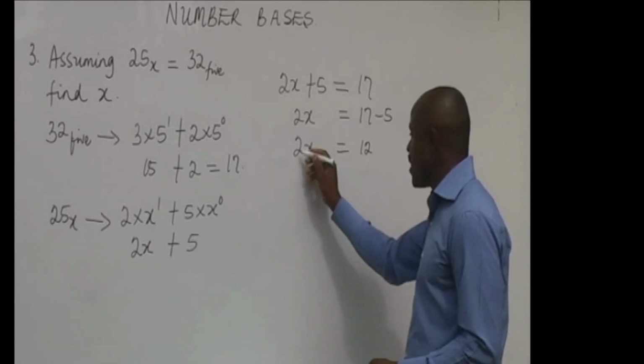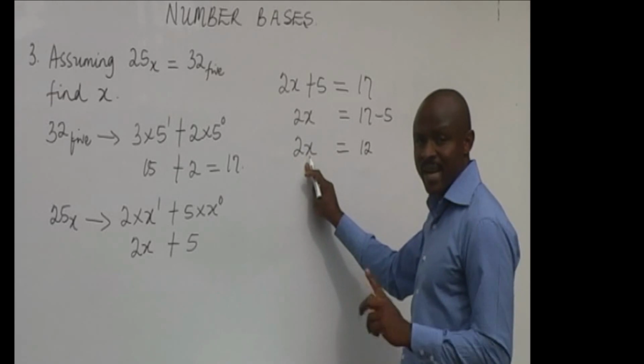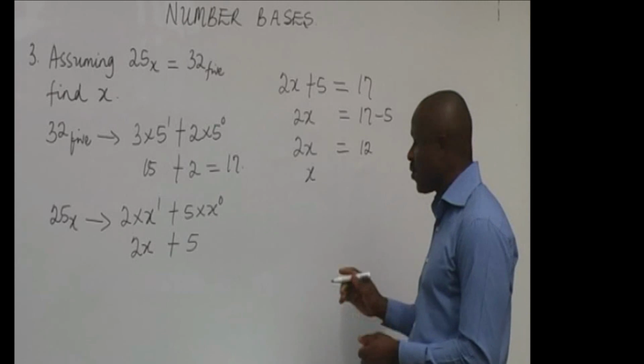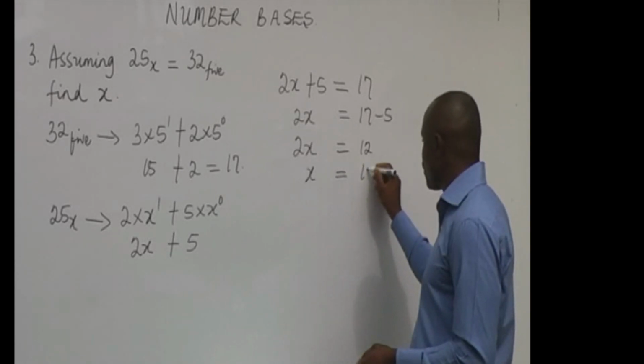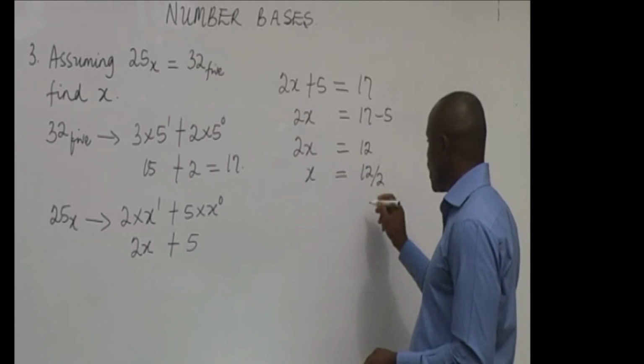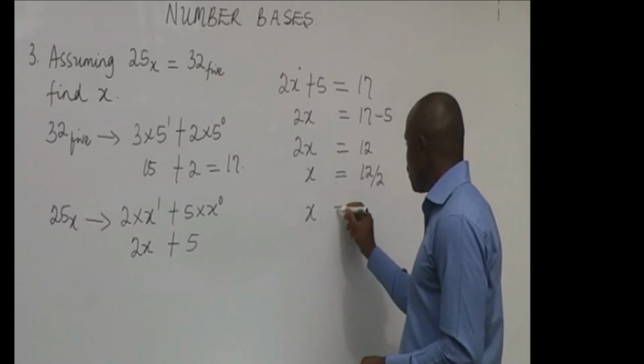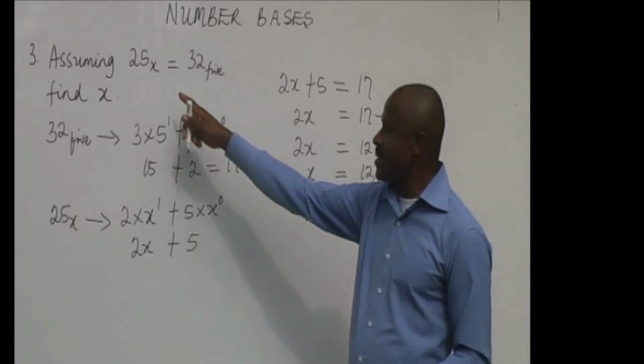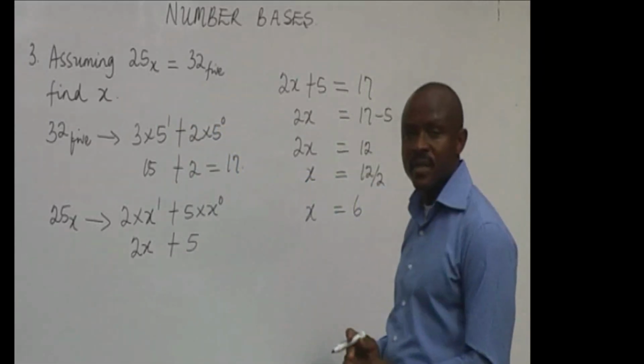If you do so, you are eliminating 2 as the coefficient of x on the left hand side of the equation. You'll be left with only x on the left hand side, and on the right hand side, you're going to have 12 divided by 2. And 12 divided by 2 is 6. That means x has the value 6.